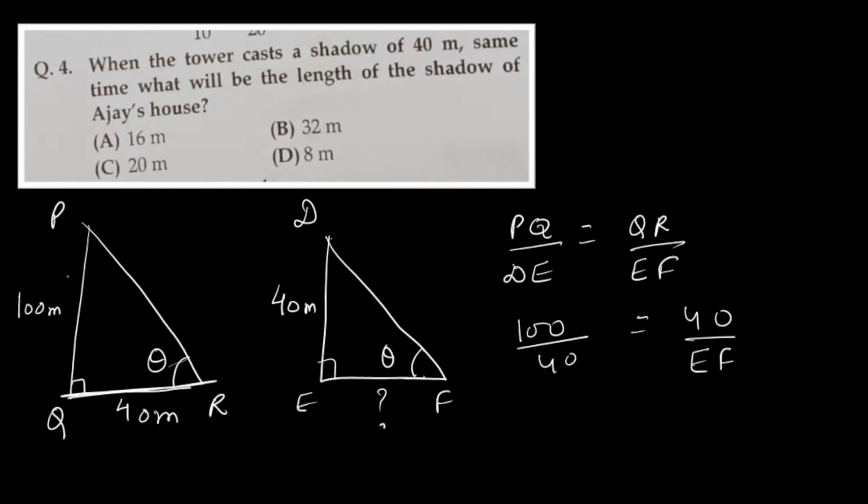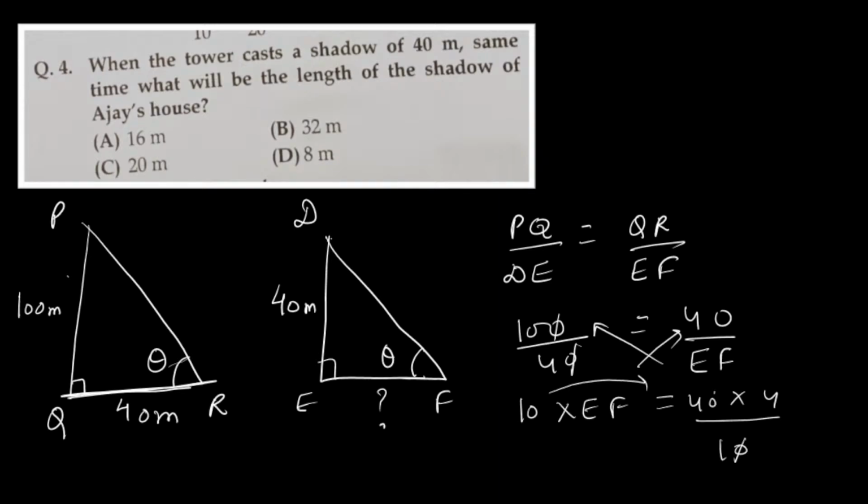EF is the shadow cast by Ajay's house. We can do cancellation now and cross multiplication. So 10 into EF is equal to 40 into 4. This 10 will also shift to the other side and get divided. So what will be the length? 4 into 4, 16. It is 16 meter. Option A.